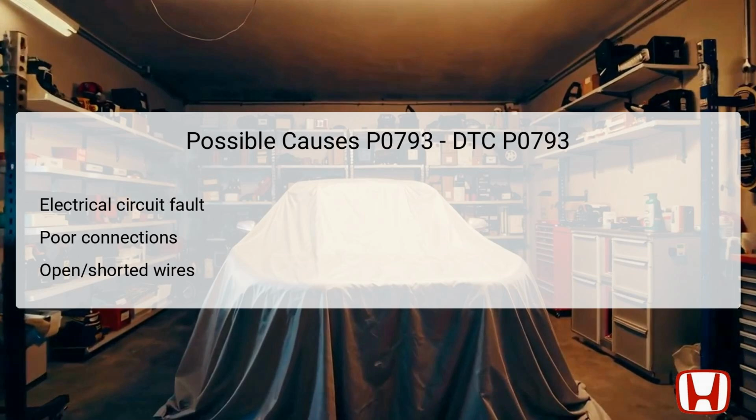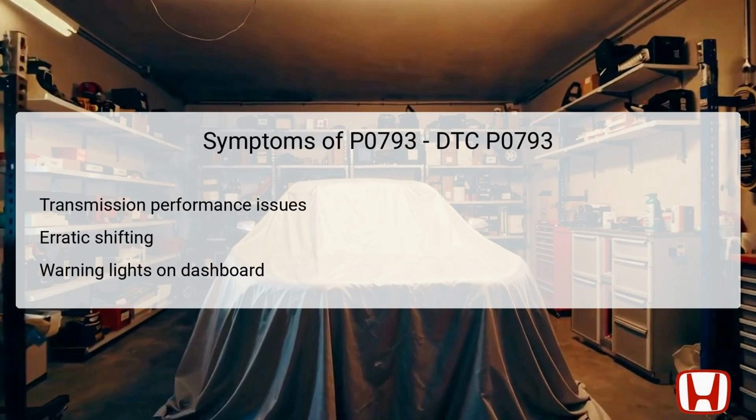The symptoms associated with DTC P0793 can severely impact vehicle performance. Drivers may experience noticeable transmission performance issues, such as delays in shifting or slipping during acceleration. Erratic shifting behavior can also occur, making the driving experience jarring and unreliable.